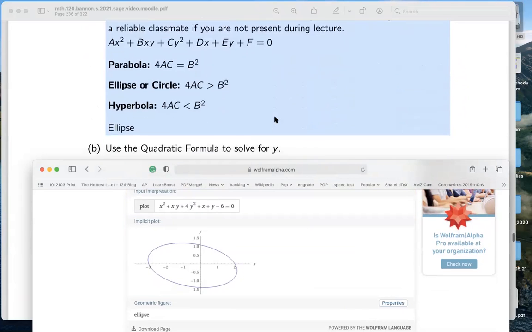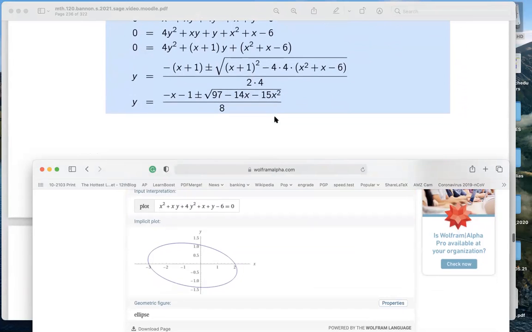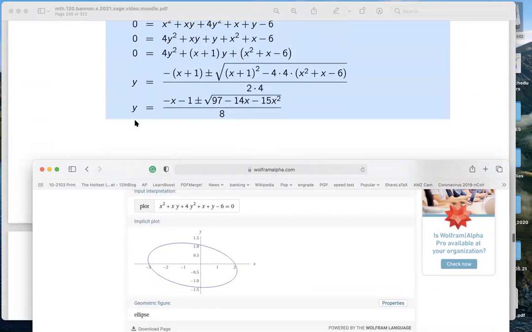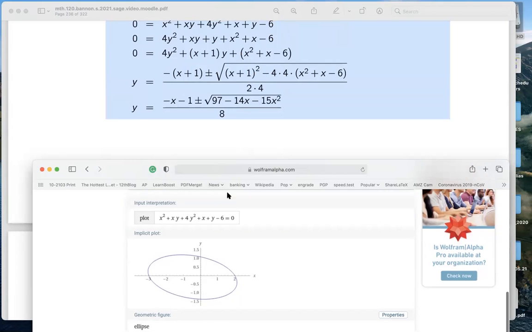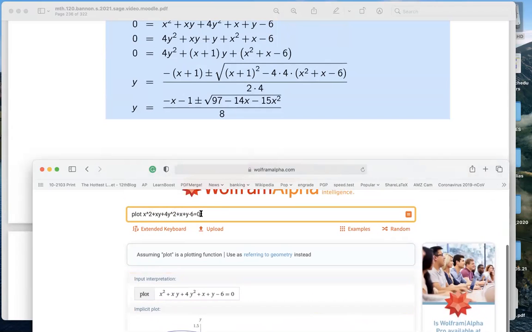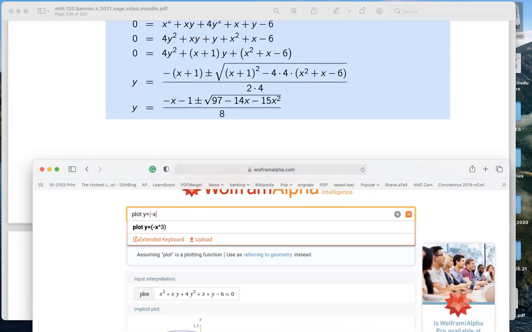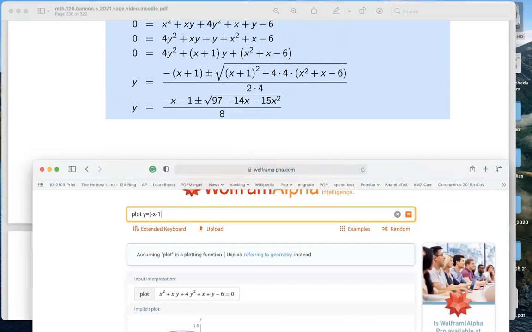Now, of course, what I'm going to do is I want to also do this thing. Now, remember, we just spent a lot of time trying to solve that, and I'm going to see if I can plot that. All right. So I'm going to say plot, y equals, well, I got the top, and the top is minus x minus 1 plus, but it's also minus.